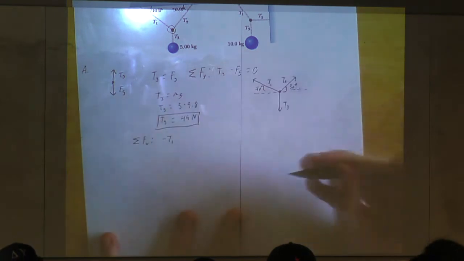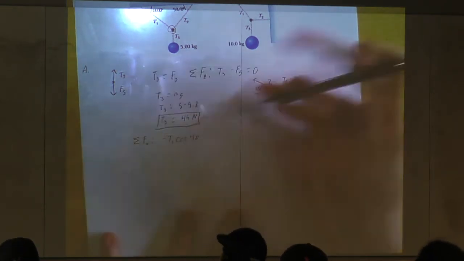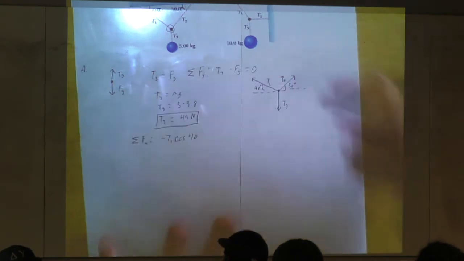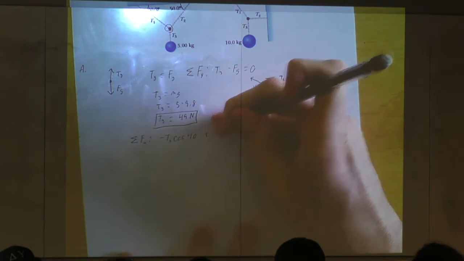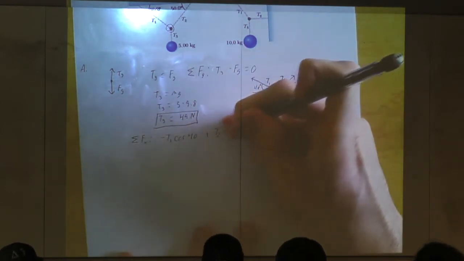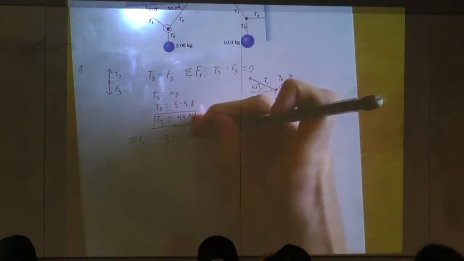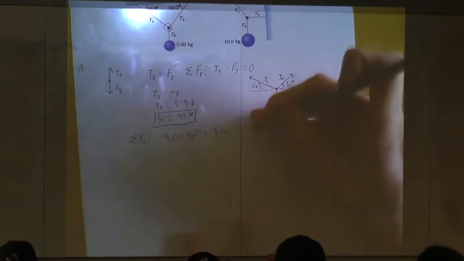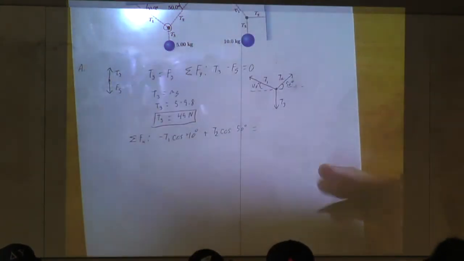So I'm going to say that's negative, and then cosine of 40 degrees, since we're looking for the adjacent for the x direction. And then do the same thing with T2. And we know that these have to equal 0, since obviously this position isn't accelerating in any way.